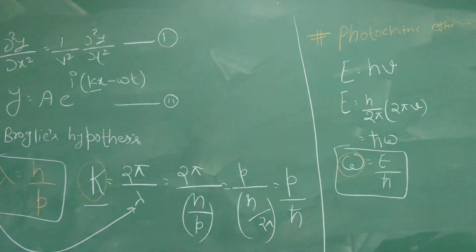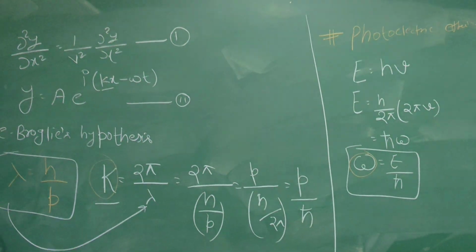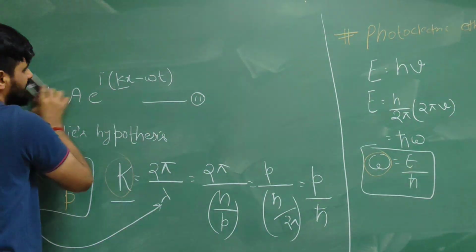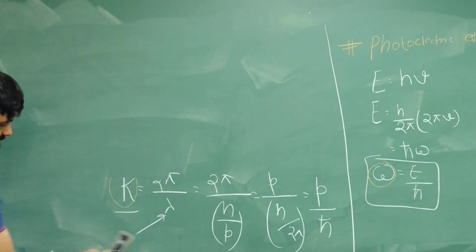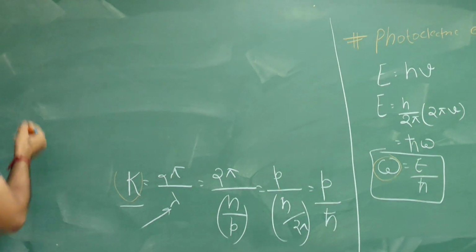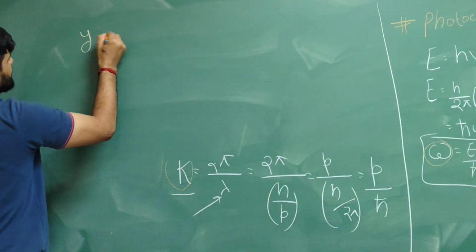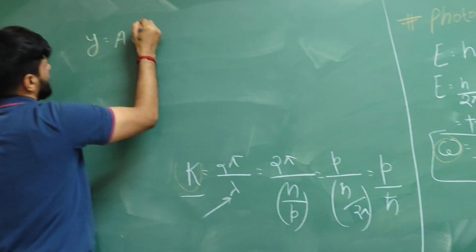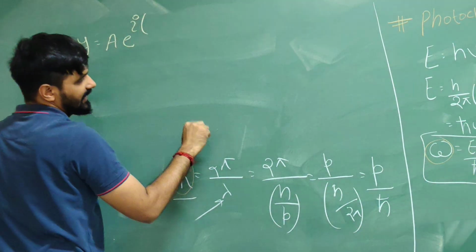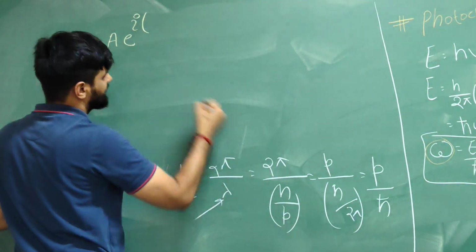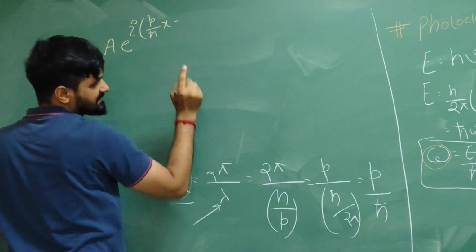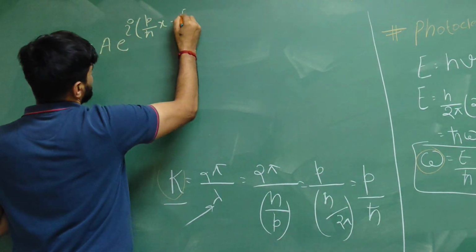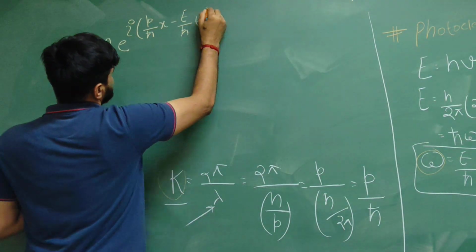So we have calculated the value of k and the value of omega, and let's substitute k and omega in the second equation and see what form we obtain. Then y equals a e to the power i, and in place of k I can write p divided by h bar times x, minus, in place of omega, E divided by h bar times t.